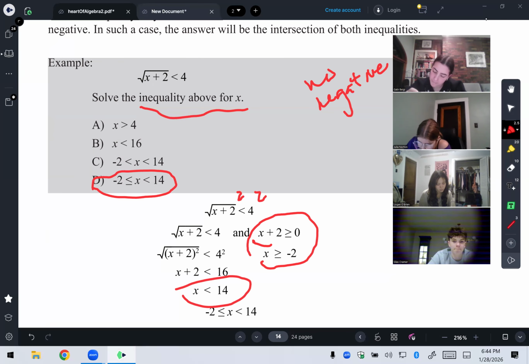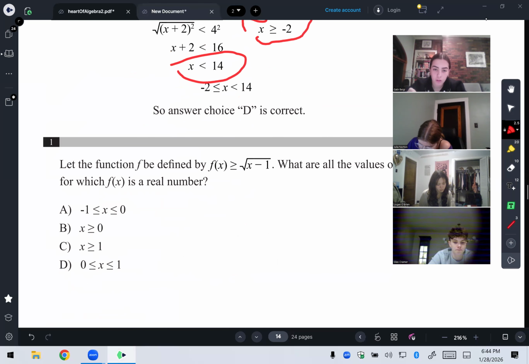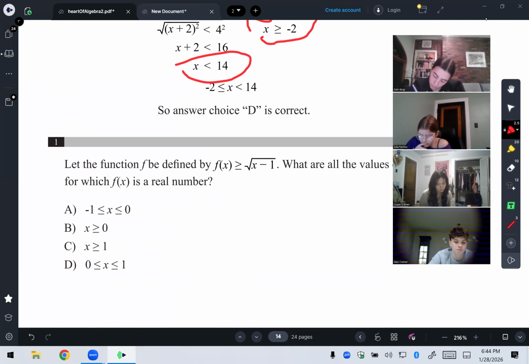So if I look at the one down here, okay. So f of x is the square root of x minus 1. We want a real number, so no negatives under here. So x minus 1 has to be greater than or equal to 0.